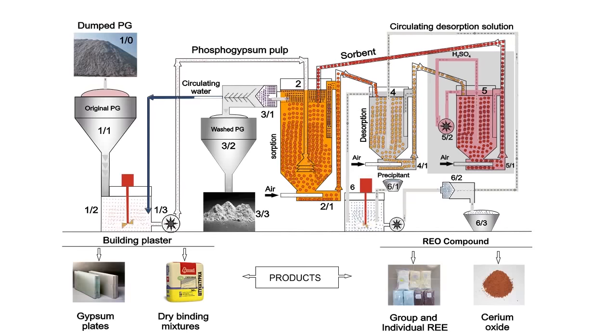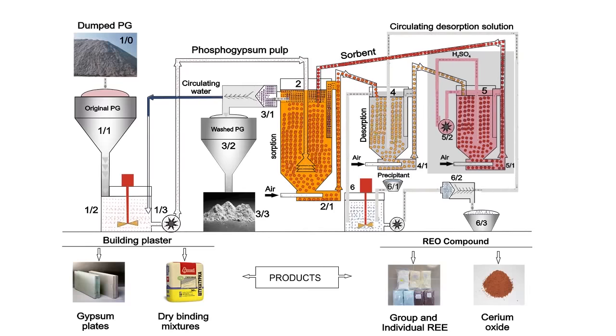At the fifth step, the sorbent regeneration for reuse is carried out. For this purpose, the washed sorbent from the column, position 4, by the airlift enters the top of the regeneration column, position 5, and regenerative sulfate solution through a distribution comb enters the bottom of the column. Thus, the regeneration of the sorbent is carried out in counter-current flow of the regenerating solution and the sorbent, respectively solution bottom-up and sorbent top-down of the column.